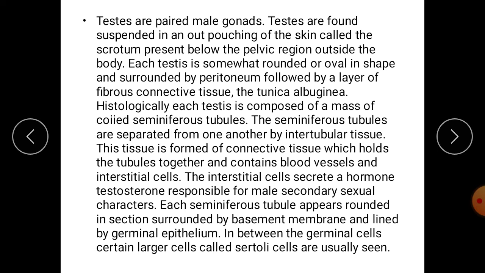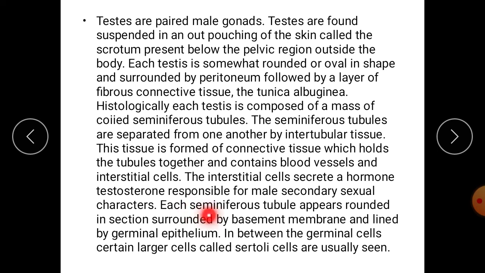So externally visible male characters in human beings are developed by the secretion of testosterone: development of mustache, change in the voice of males, development of male reproductive organs, all are controlled by testosterone.